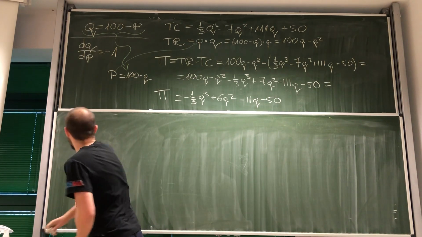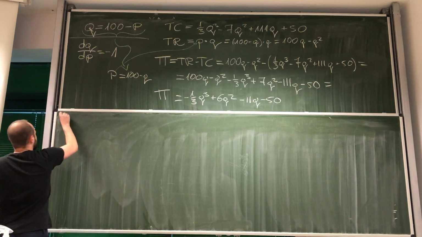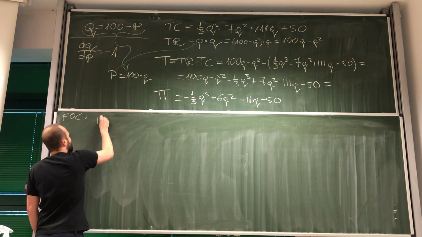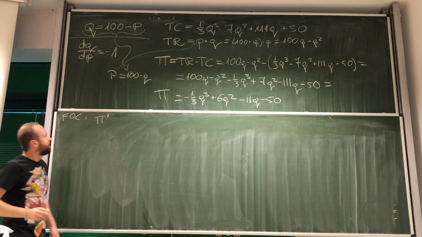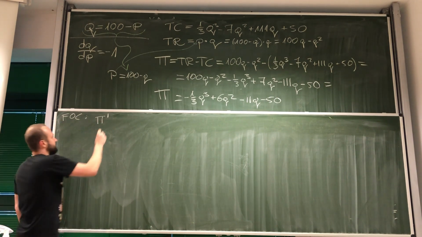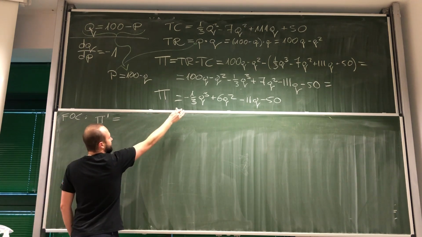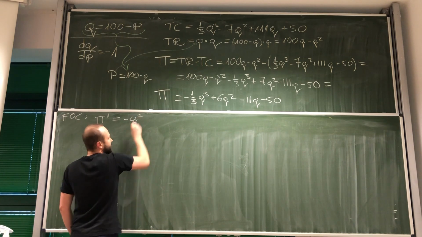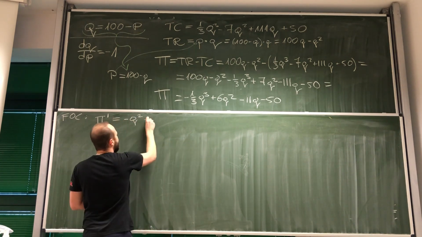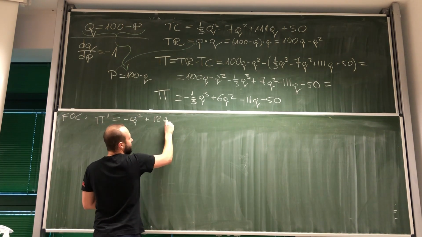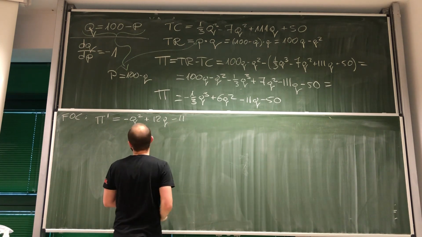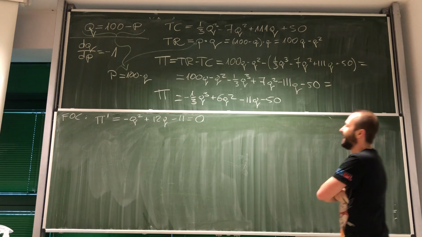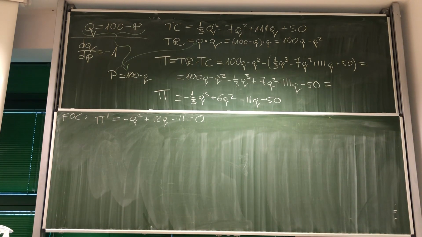So we start with the first order condition, and it tells us to calculate the first derivative of the profit. So this is 3 goes up front, so we got negative q squared, then plus 12q minus 11, and we should equalize it with 0.